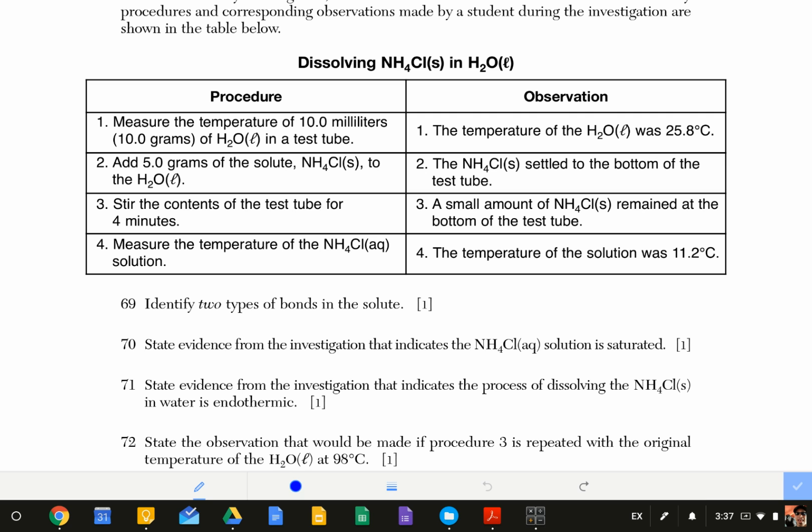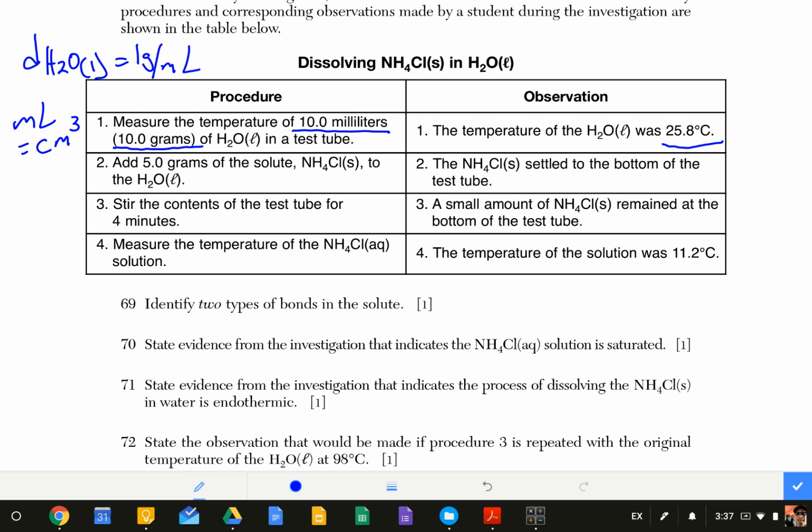And that's why if you have 10 milliliters of pure water at room temperature, that's also 10 grams. So the density of plain water liquid at room temperature is approximately 1 gram for every milliliter, or cubic centimeter. Same thing. 1 milliliter is equal to a cubic centimeter. Okay. Anyway, observation. The temperature of the liquid water was 25.8 degrees Celsius.